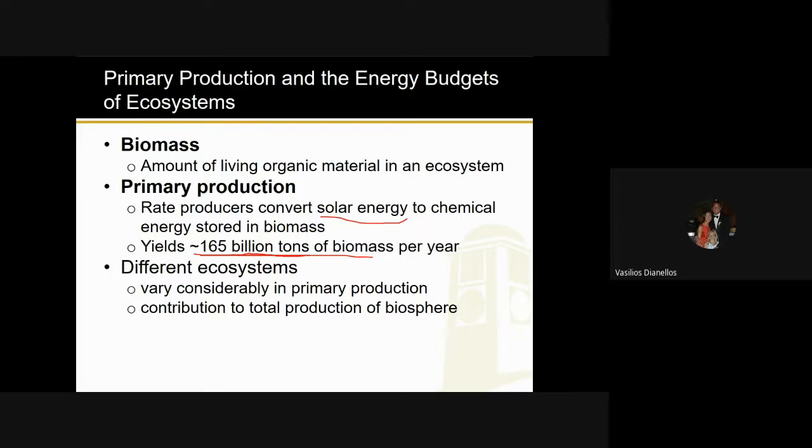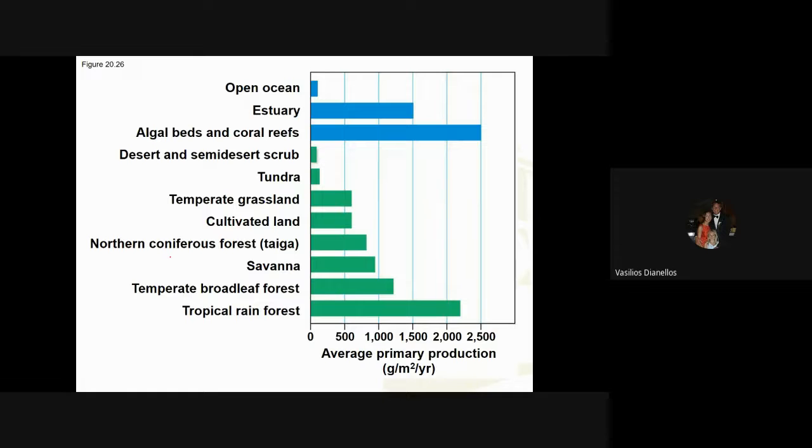I would assume that number is getting lower and lower every year as we keep cutting down trees, but that's a whole different discussion. As I've already hinted at, different ecosystems vary, right? So a rainforest is going to have a lot more primary producers, therefore a lot more primary production, than a desert would, for example. And your book actually gives you some examples.